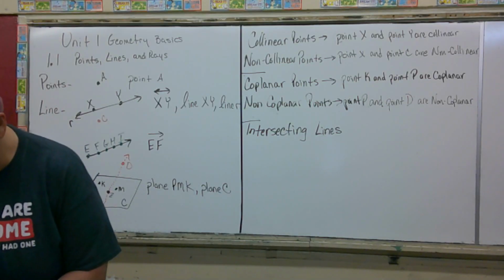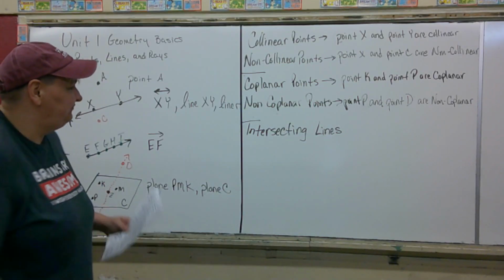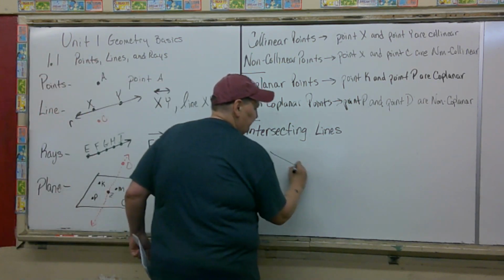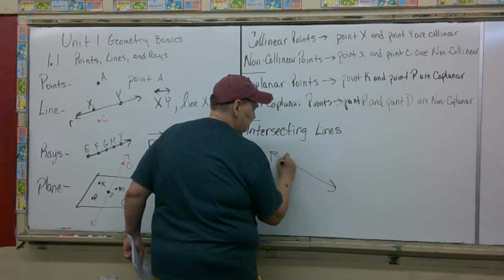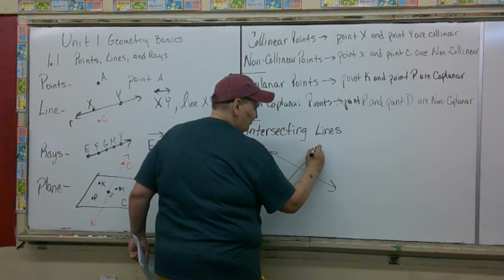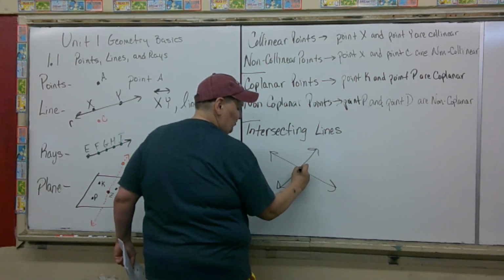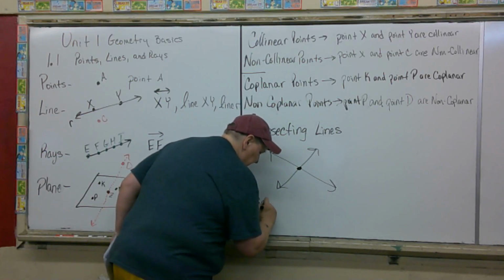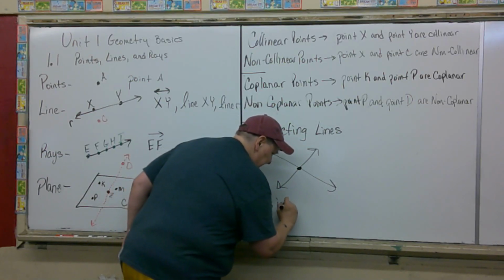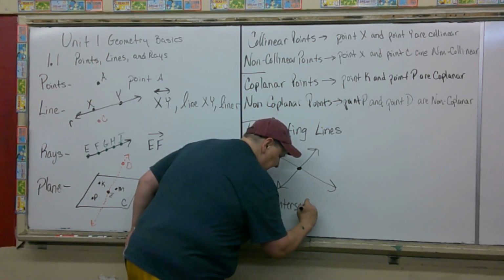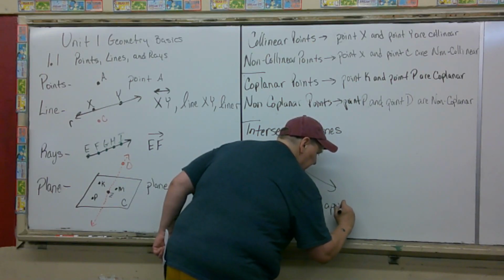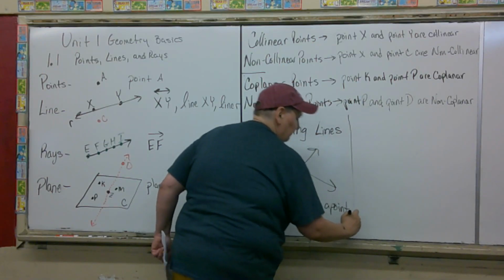Alright, so if two lines intersect, the place where they intersect is a point. So lines intersect at a point. Right?